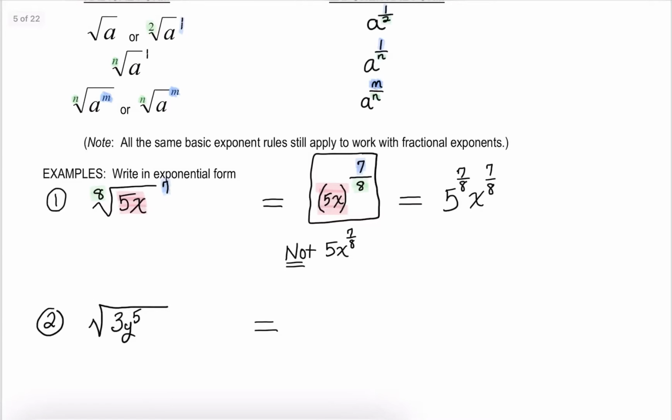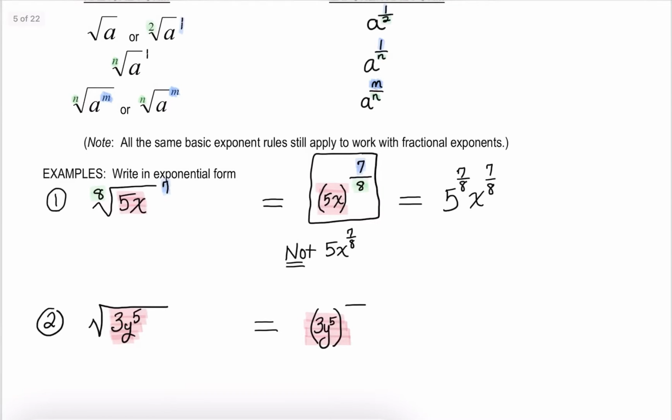So this time you want to think about, like last time, what's under the radical? Well, what is under the radical is this entire 3y to the 5th. So that's what's going to be raised to my fractional exponent up there.